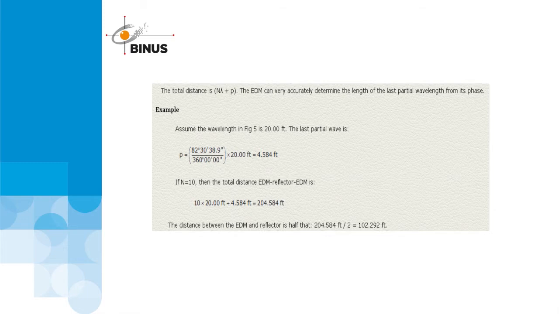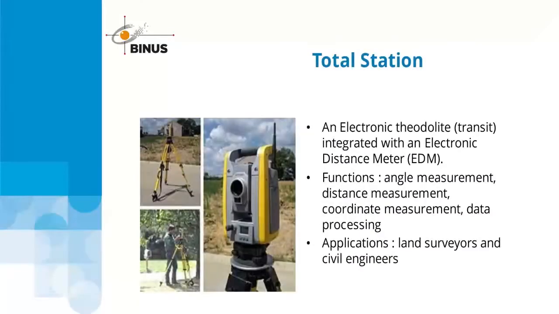However, the distance needed is only half of the distance between the EDM, reflector, and EDM. So the actual distance is 204.584 feet divided by 2, which is 102.292 feet.